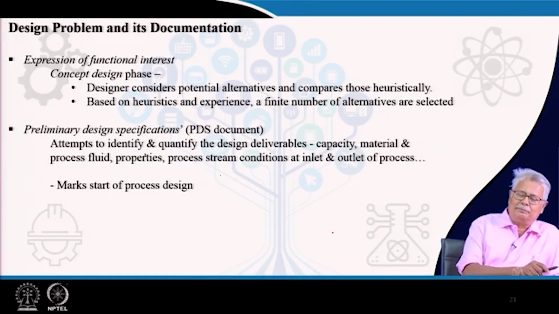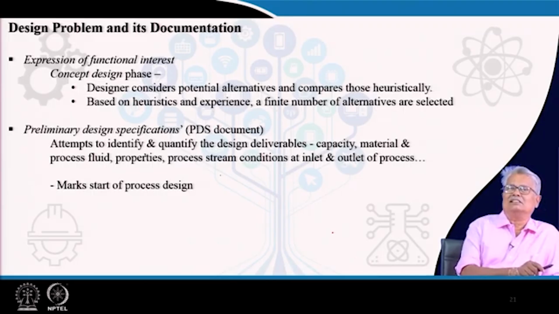Now, the problem of design is rather initially pretty vague. Your client will have an expression that he would like to have a plant which manufactures ammonia. So, what he does is he expresses his functional interest. Then, listening to that, the designer will conceptualize the product design.